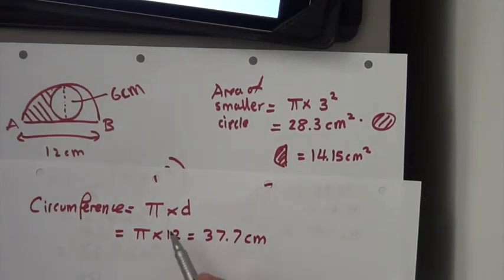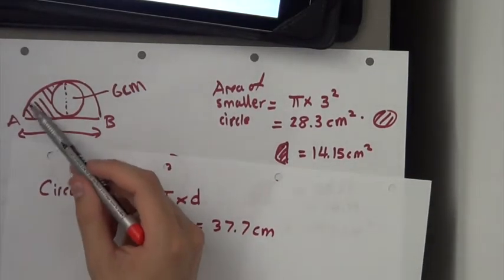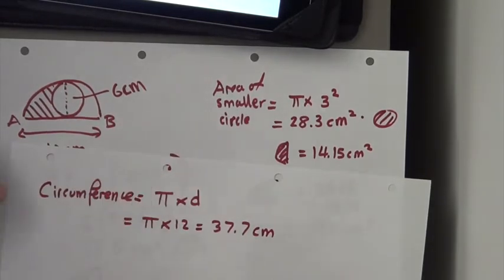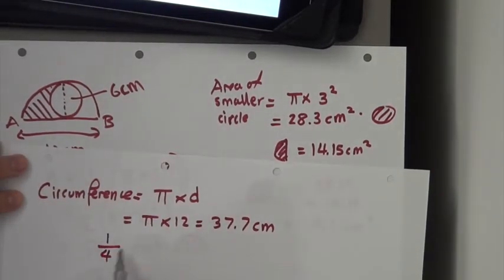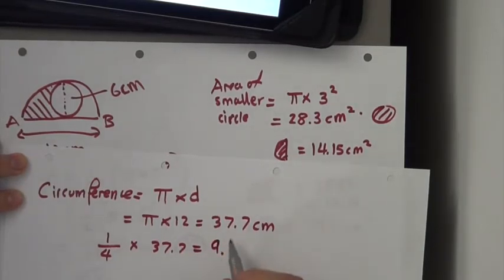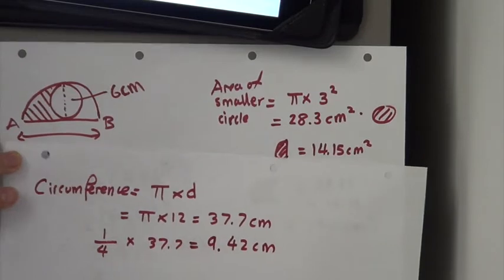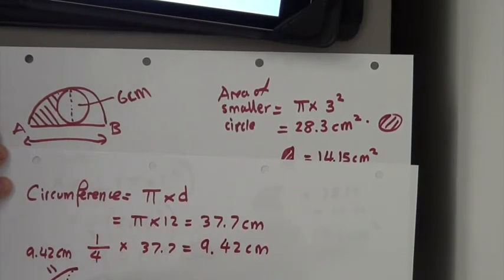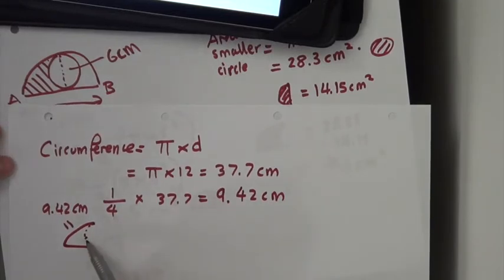In fact, no, in this case I want a quarter, this bit here, because it's asking us the perimeter of this shaded area. So I'm going to times this by a quarter. This gives me 9.42 centimeters. So I know now this length is 9.42 centimeters, and I just need to find this dotted part now.